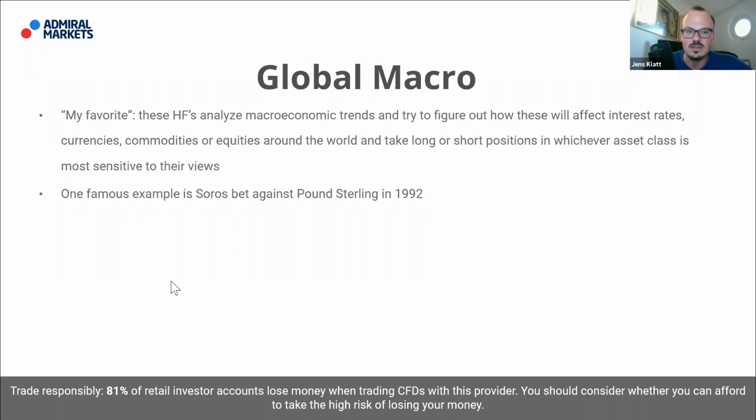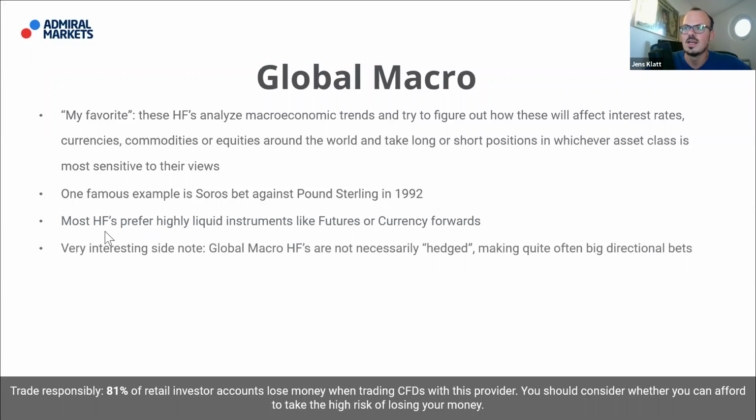But what's very interesting, by the way, I just realized that's the next bullet point here, a very interesting side note. First of all, these strategies usually need highly liquid instruments, and once you trade these approaches, you find them in the future markets or currency forwards, for example. But what's even more interesting is that global macro hedge funds are not necessarily hedged per definition, in fact. They make quite big directional bets.